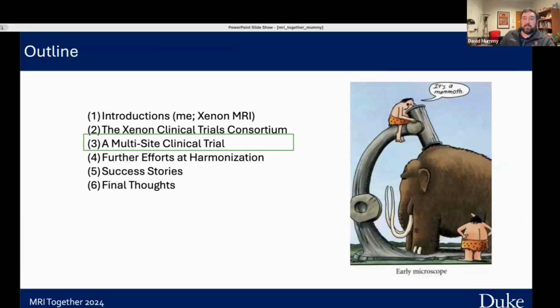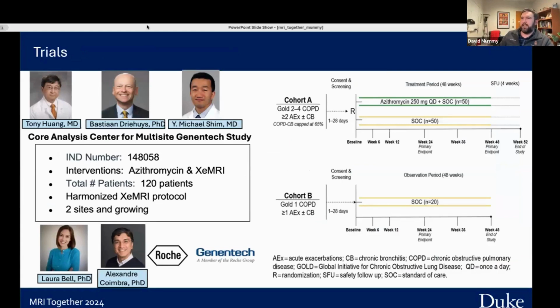And so we had some interest in from pharma in this, which was great. And so they came to us and wanted to set up a multi-site clinical trial in COPD with our newfound harmony. And this was Genentech, a study, and Tony Wong at Duke, Bastian at Duke, Mike Shim at UVA were some of the head honchos there. And then Laura Bell, who's now at GSK, Alexandra Coimbra.